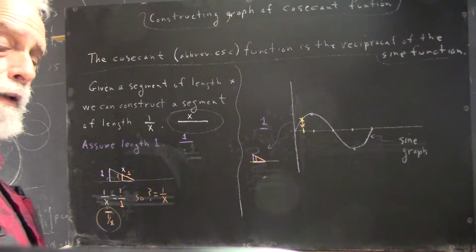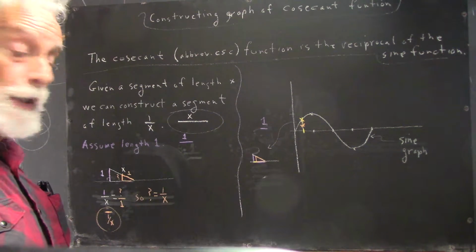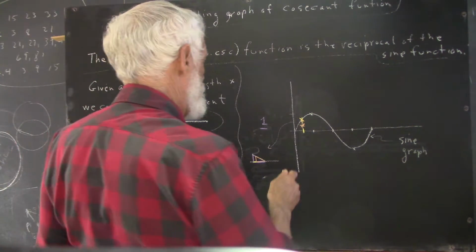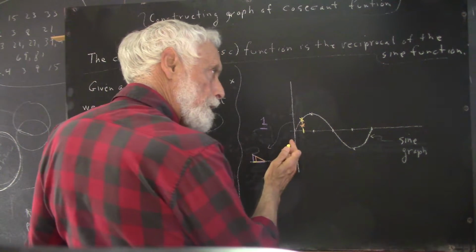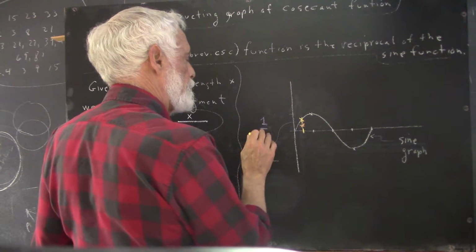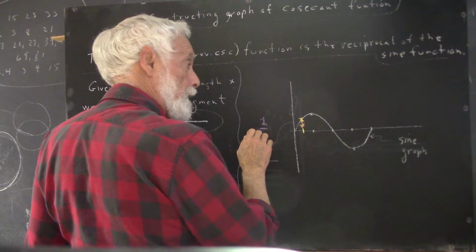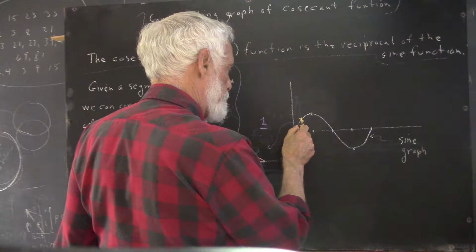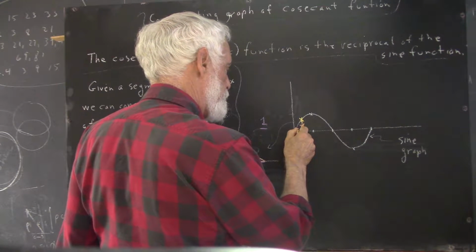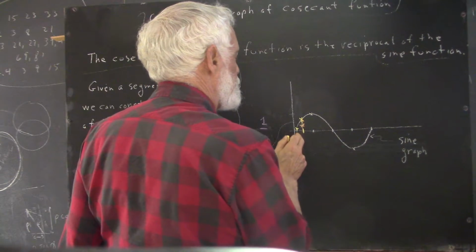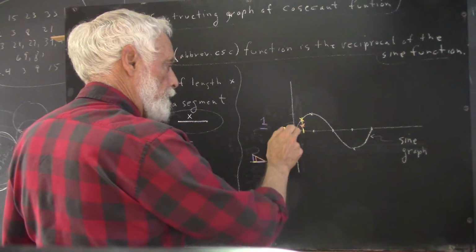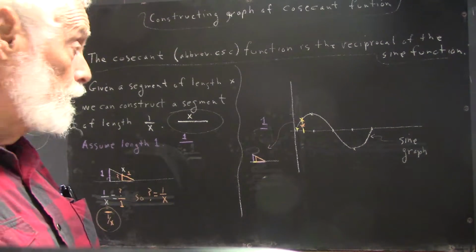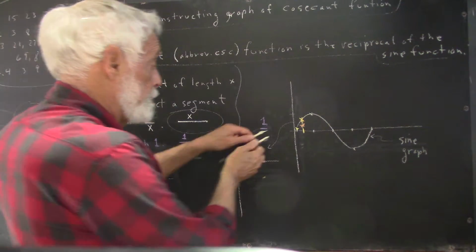Now I can do that with a variety of other points. I want to take a second point where the vertical position is less than the unit length. So right here is a horizontal position that has a vertical position equal to the length of this segment.